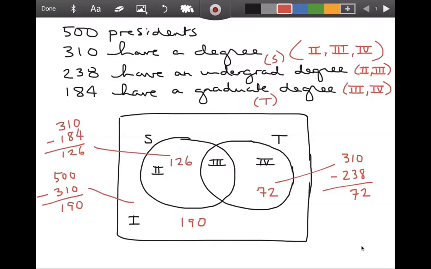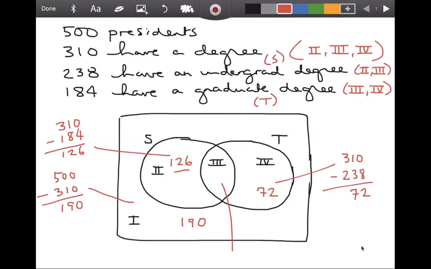All right, and then I think there are 2 different ways we could get region 3. Maybe we'll do both of them just as a check. So whatever number I write in region 3, that number plus 126 needs to add up to 238. And also that number plus 72 has to add up to 184.